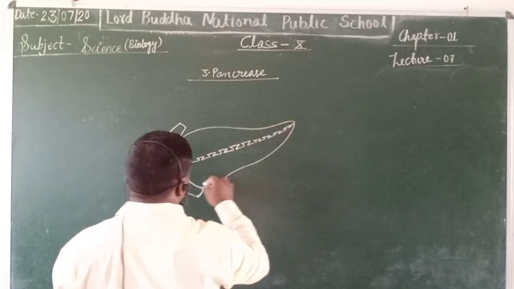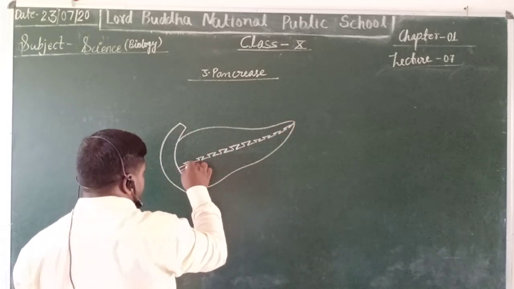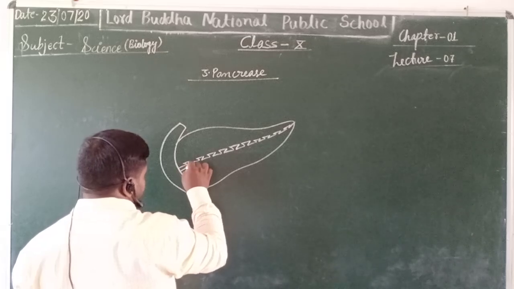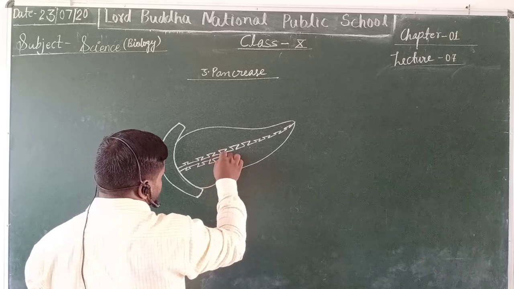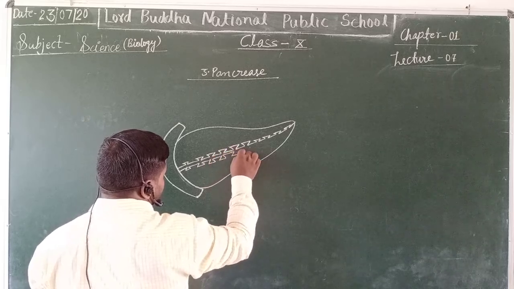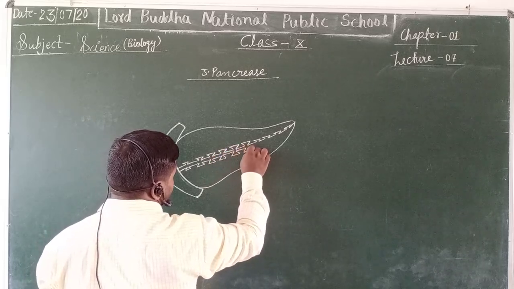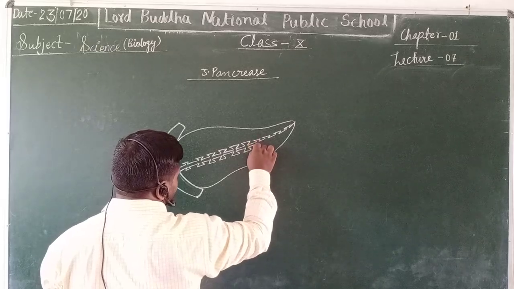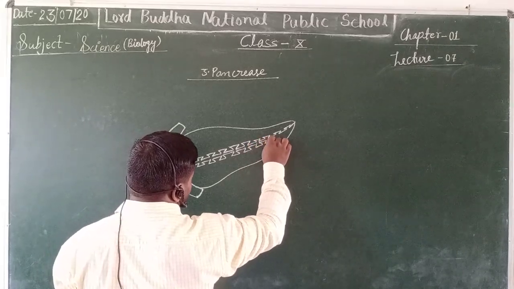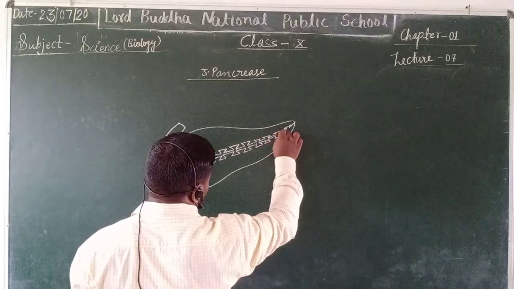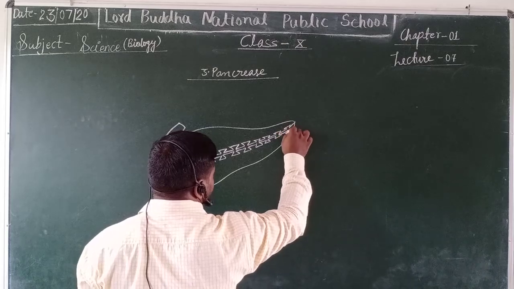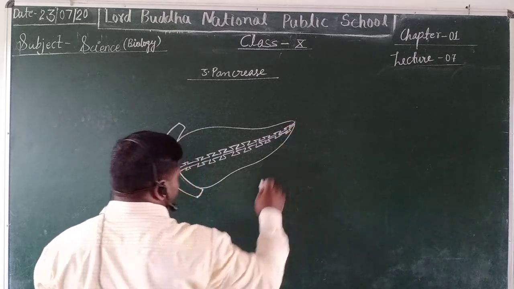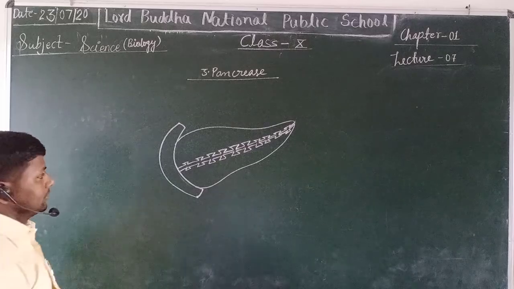The exocrine part secretes enzymes that help in the process of digestion, whereas the endocrine part is ductless and secretes important hormones that help in the control and coordination of our body.